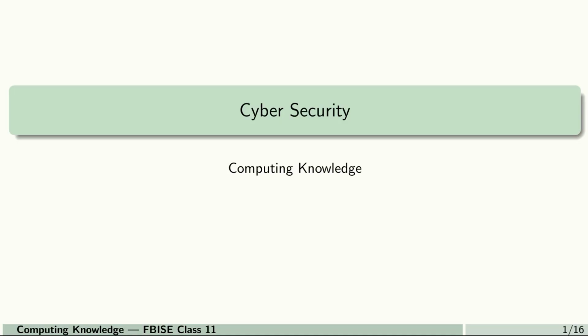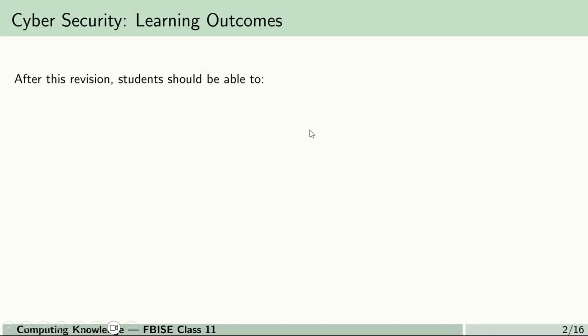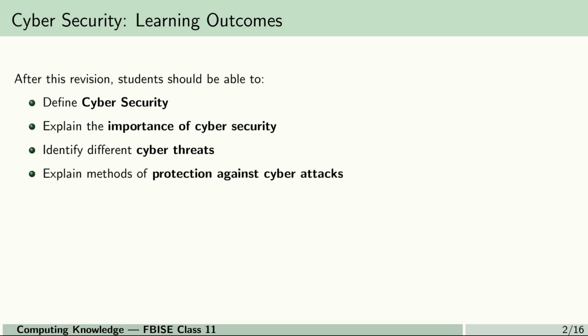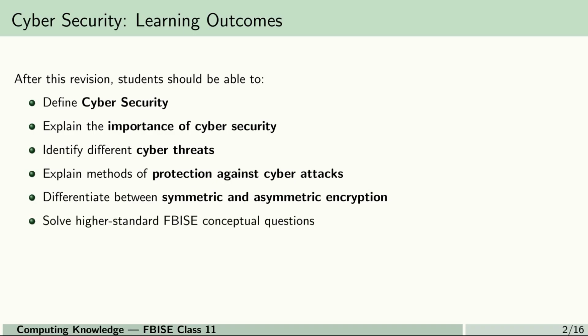This lecture is about cyber security revision. After this revision, students should be able to define cybersecurity, explain the importance of cybersecurity, identify different cyber threats, explain methods of protection against cyber attacks, differentiate between symmetric and asymmetric encryption, and solve higher standard FBISE conceptual questions.